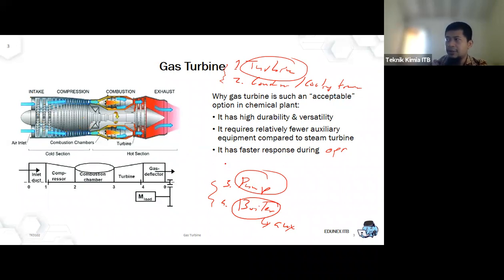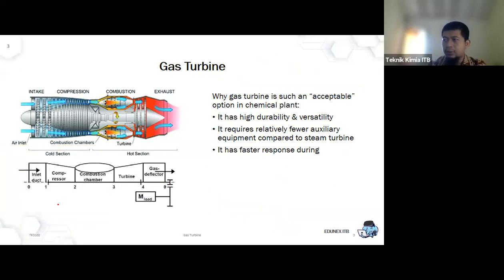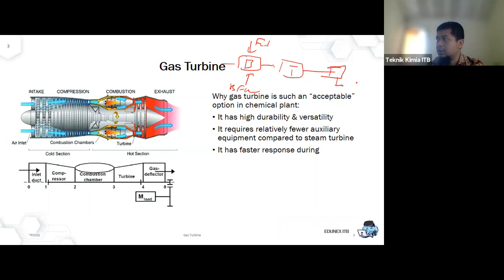And the third one, it has faster response during operation. Like I said to you before, suppose this one is the boiler and this one is the turbine. Here is the boiler feed water, and here is the fuel, and this turbine has electricity here.